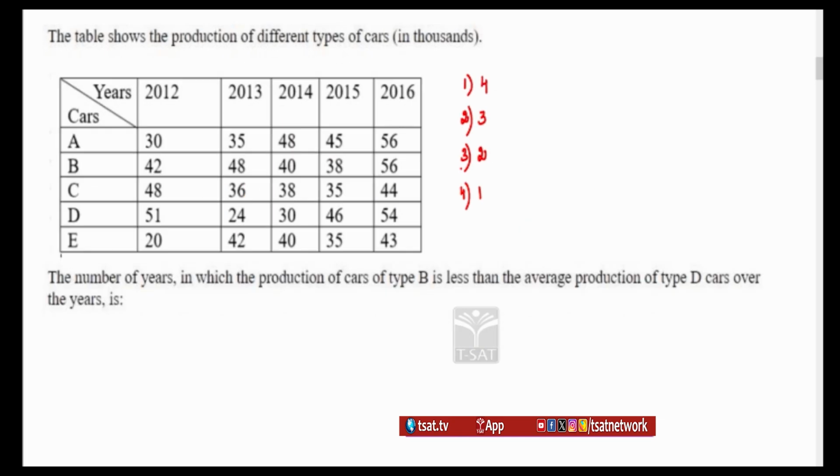Here is the same table again. The number of years in which the production of cards of type B is less than the average production of type D cards over the years. Find out the average production first. Now see here, it's 51, 24, 30, 46 and 54. If it comes to average production, take 40 as your assumption.